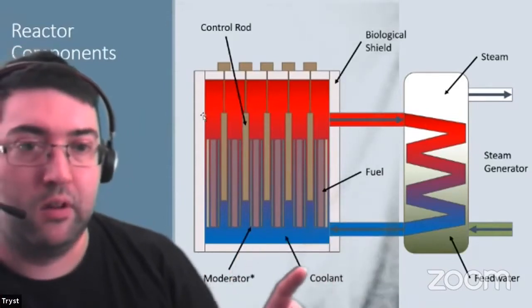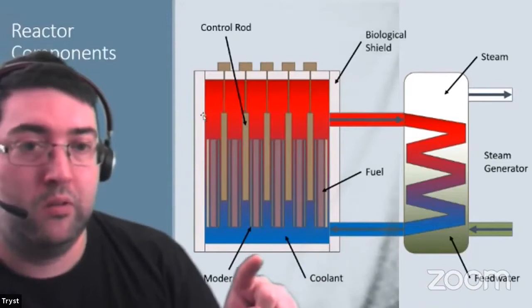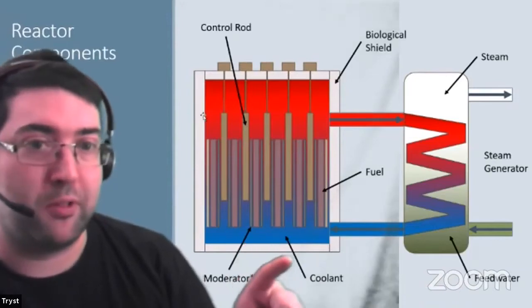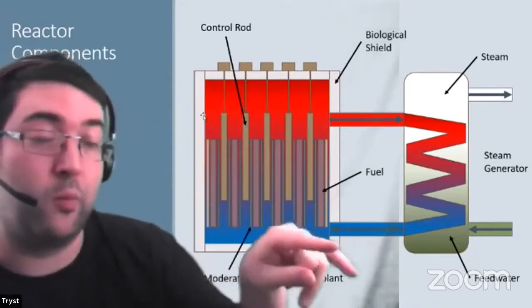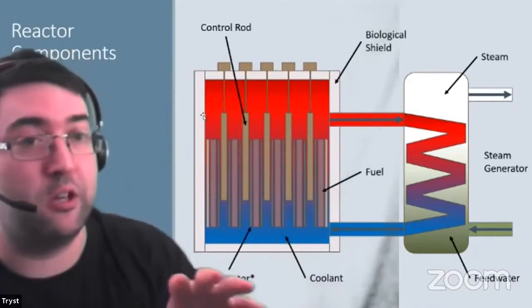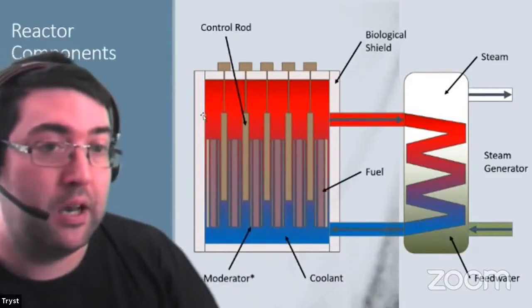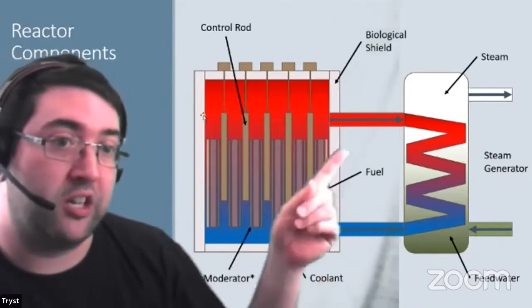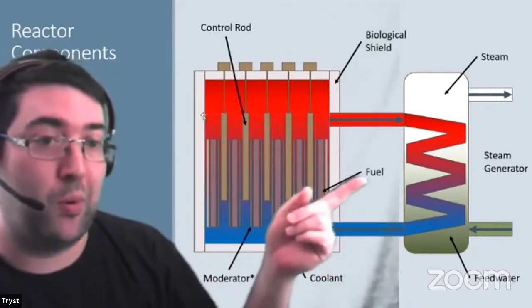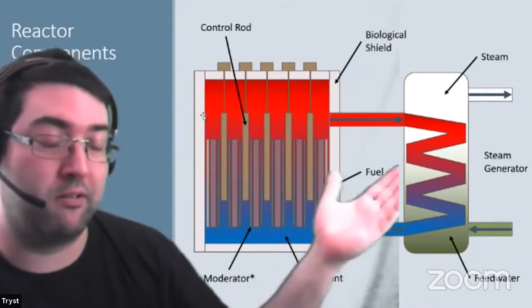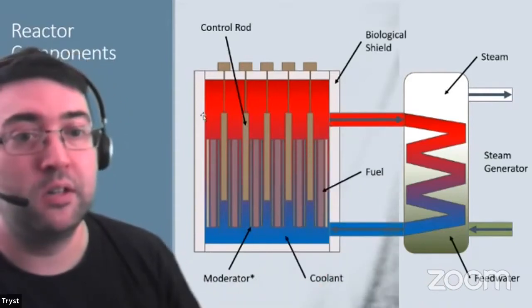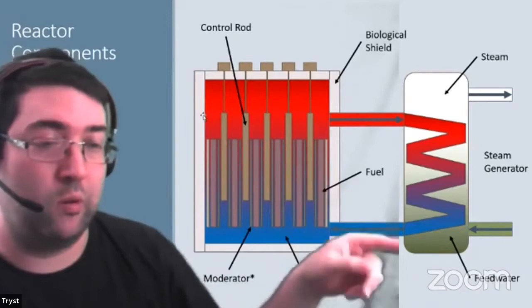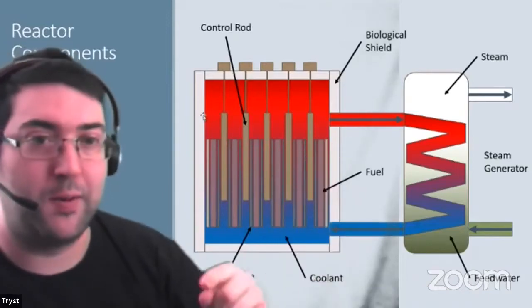That is sat in a big tank of water or some other coolant that you use to take heat away from your reactor core, because the energy that you're generating comes out as heat. You take that and send it to some kind of heat exchanger. If it's a thermal plant, which we're talking about, then you'll be trying to generate steam so that you can use it in turbines. That's your coolant's job, to continuously take heat away.